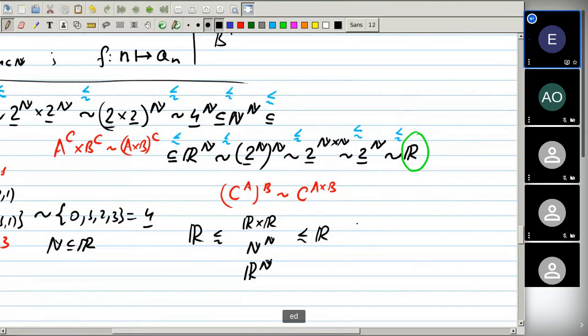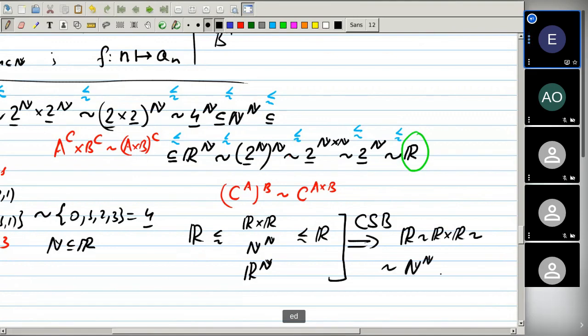All these sets are mutually embeddable with R, and by our Cantor-Schroeder-Bernstein Theorem, that means that all these sets are equivalent to R and to each other. Isn't it interesting? What do you think?